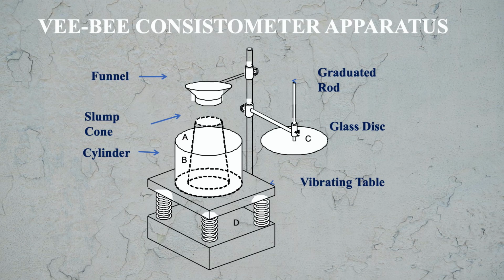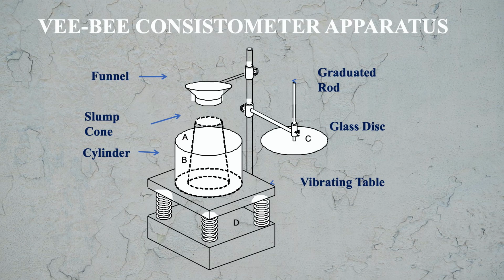and on another side you see a glass disc which helps us in measurement of the slump, because using this apparatus you can measure the slump of the concrete as well as the VB consistometer time, or you can say VB time or VB degree. So both the things are measured with the help of this apparatus.